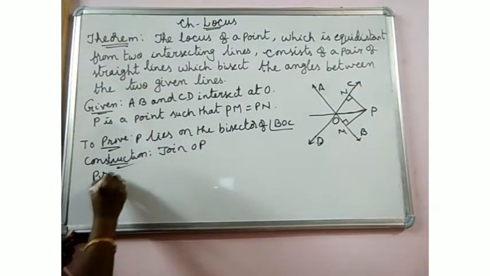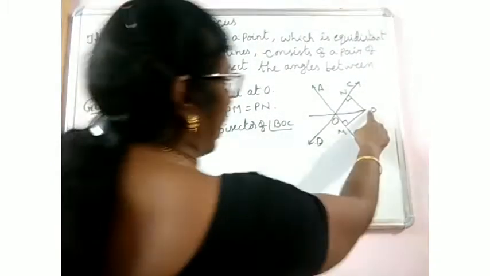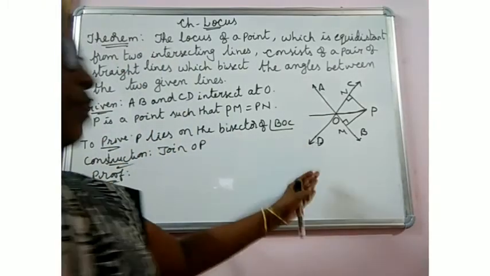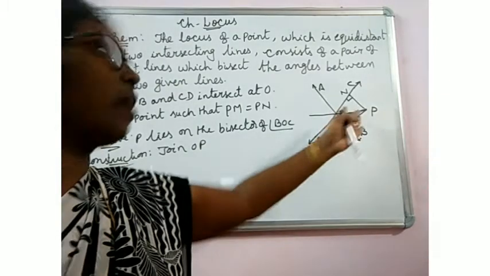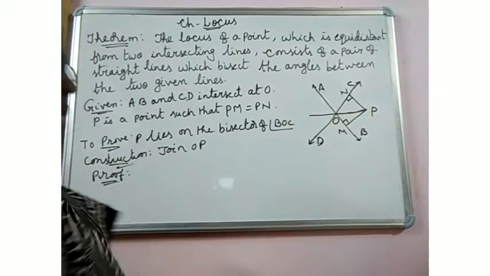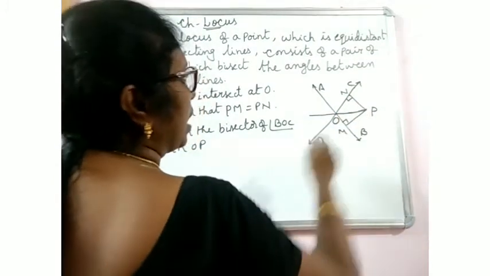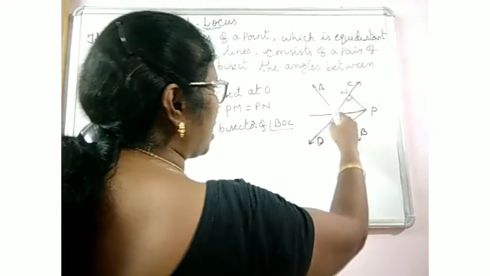Now comes the actual proof. How to prove that P is lying on the bisector of angle BOC? That means if we are able to prove that OP is the bisector of angle BOC, we can say P lies on OP. So for that, let us make these two triangles congruent. Triangle MOP and triangle NOP.